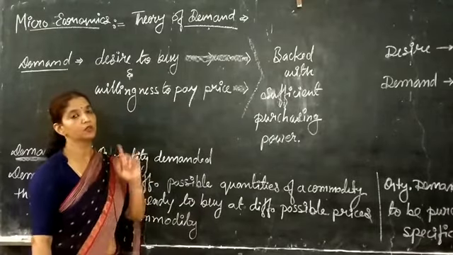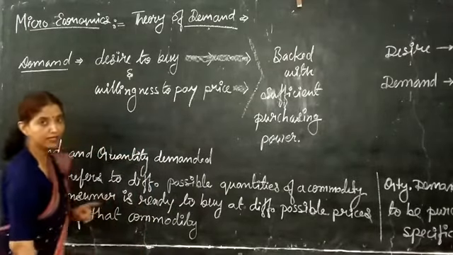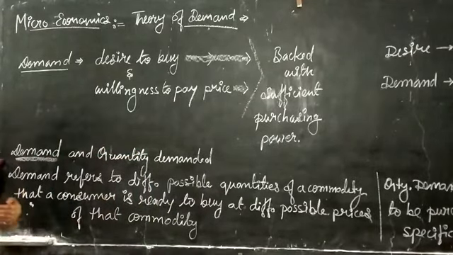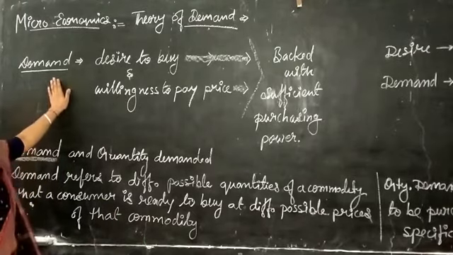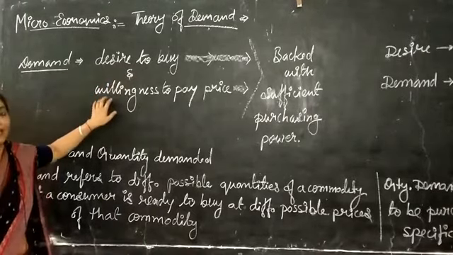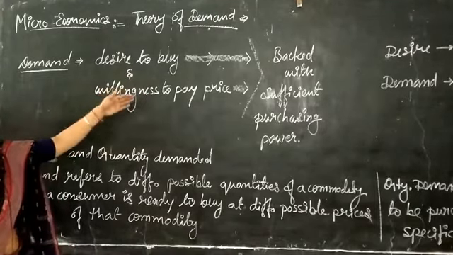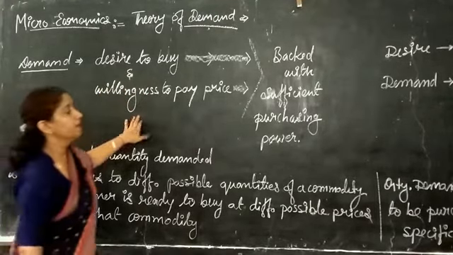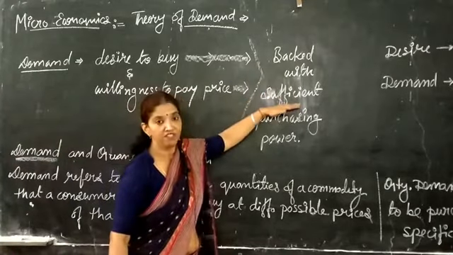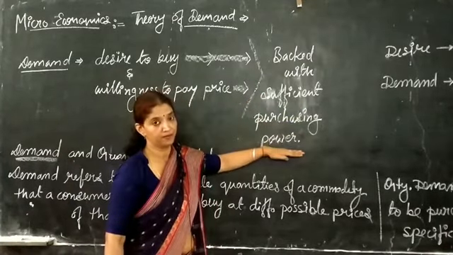Okay, this is called demand. Once again, the definition: demand refers to the desire to buy and willingness to spend money for goods and services, backed with sufficient purchasing power.